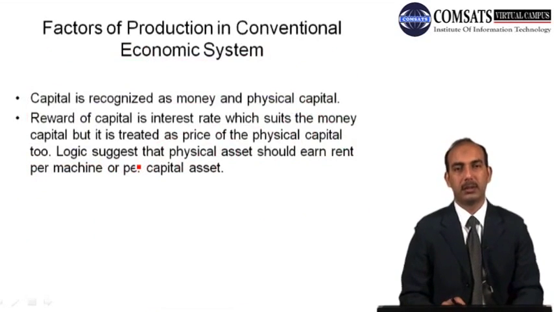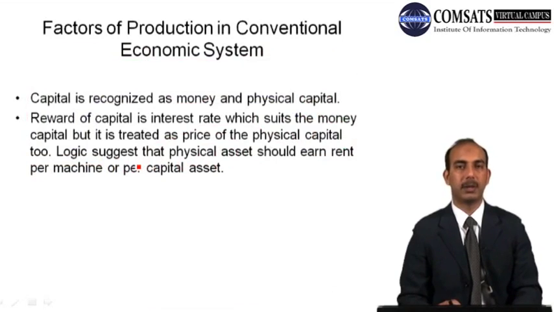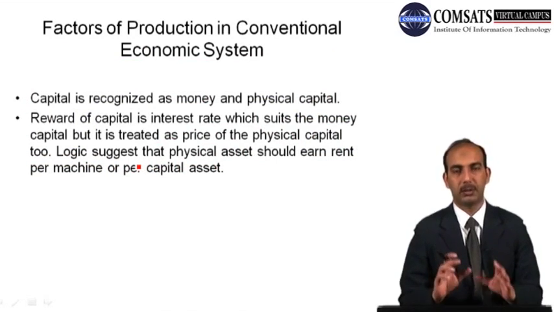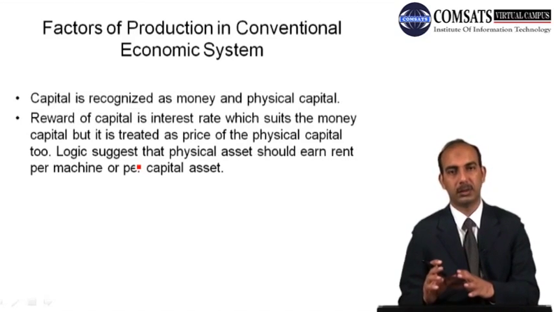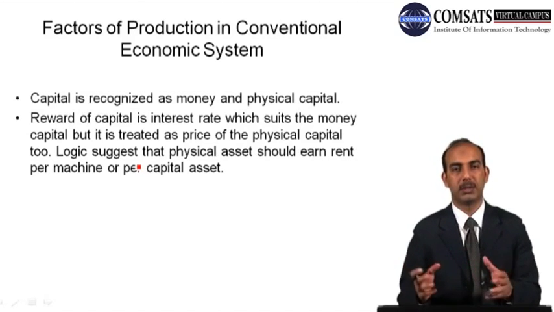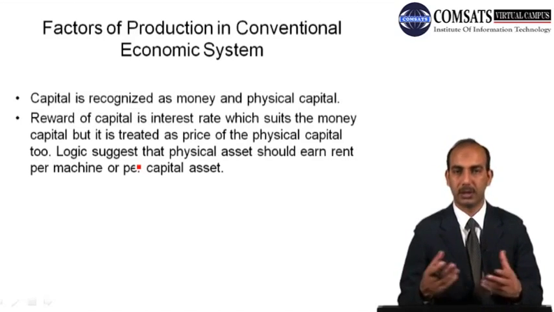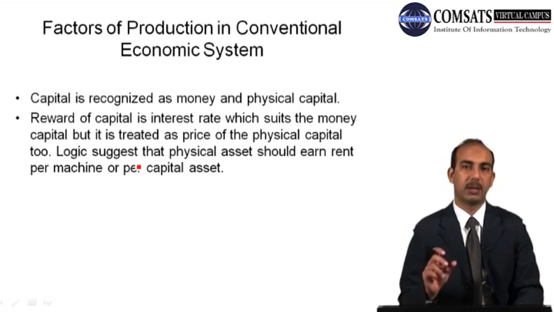And there is some confusion as well. For example, capital is recognized as money and physical capital under the conventional economic system. All the monetary resources and the physical resources like plant, machinery, equipment, car, anything, these are capital, so physical capital as well.